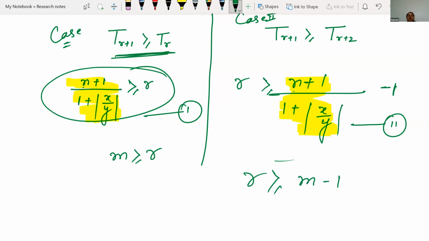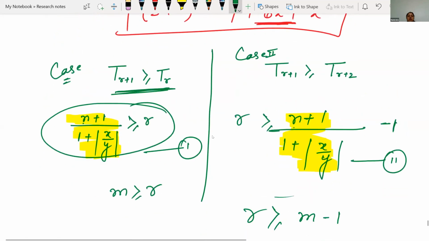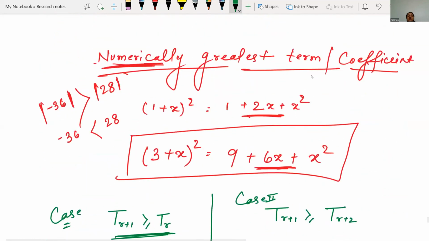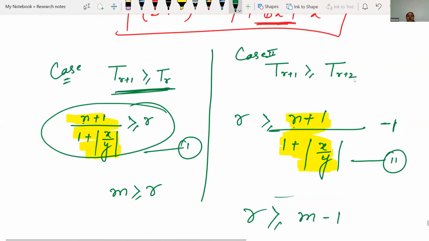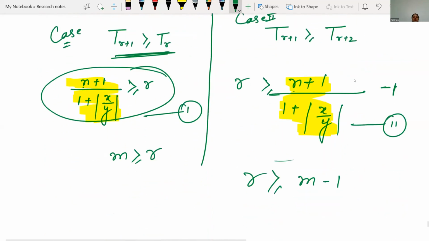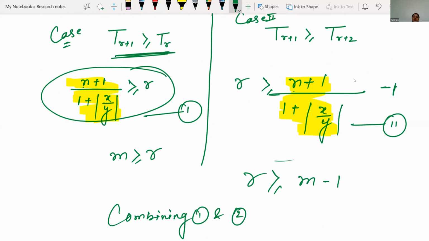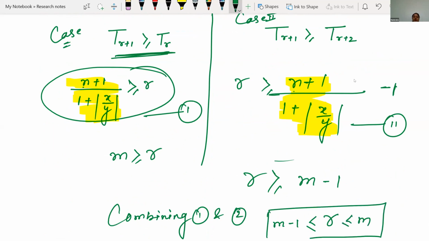If you want, you can write these two relations for the numerically greatest term or coefficient. Combining equations 1 and 2, r is greater than or equal to m minus 1 and less than or equal to m. This is the relation we have got.